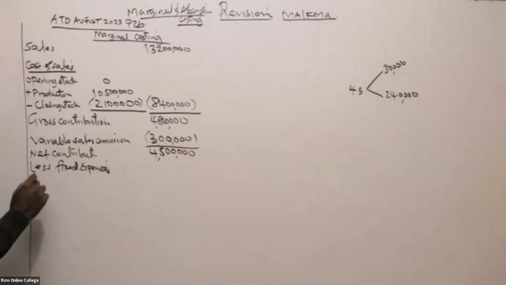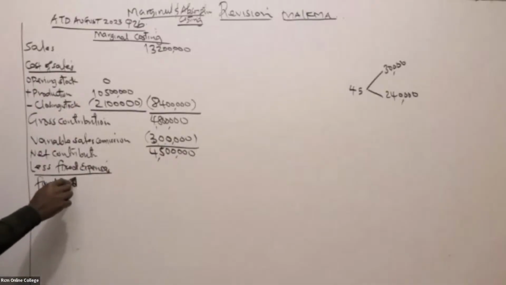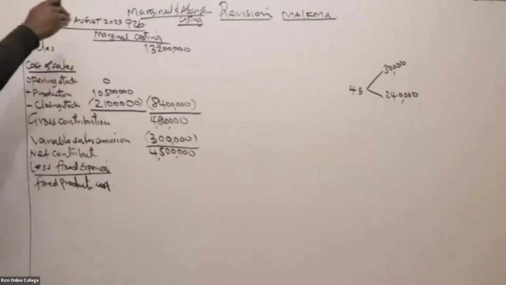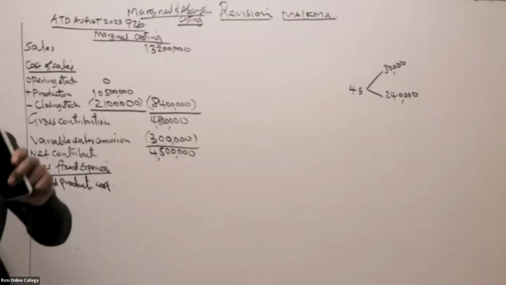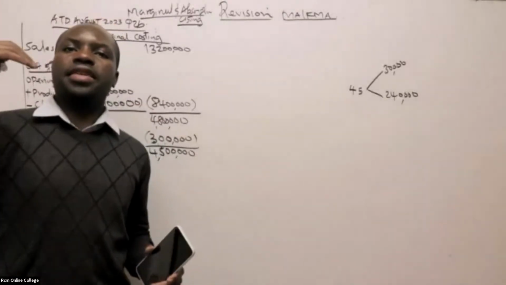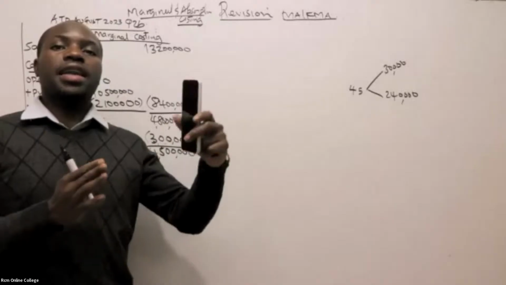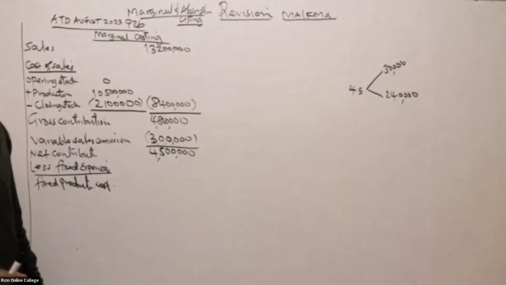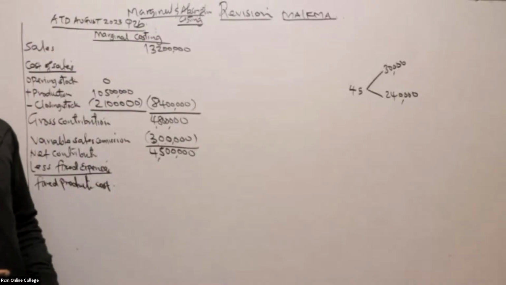Now, one of the fixed expenses is the fixed production costs. In the marginal costing system, the fixed production cost does not form part of the product cost, but it is expensed in the income statement under expenses.